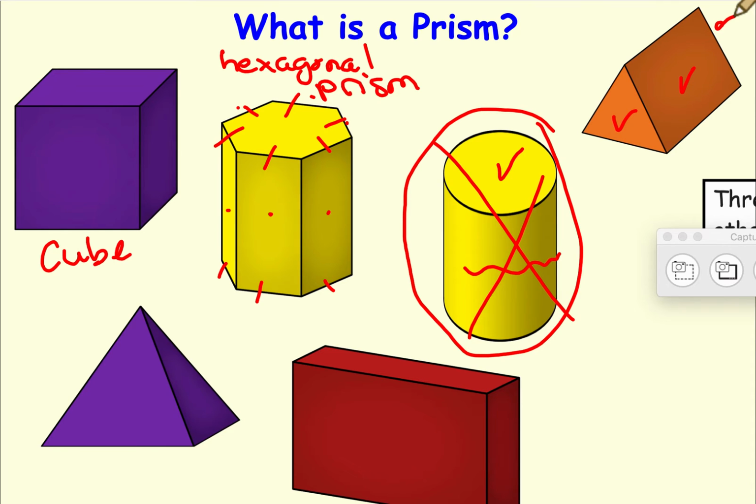I know there's another rectangle on that side, and the floor of the tent is a rectangle. So all of the two parallel sides are triangles, which means those are my bases. So this is a triangular prism.